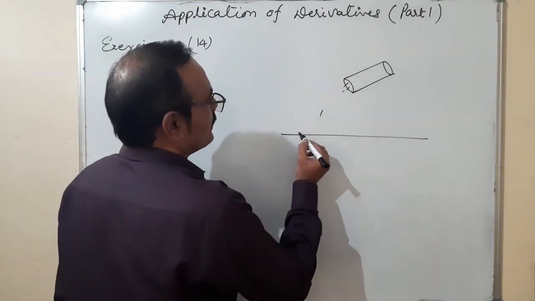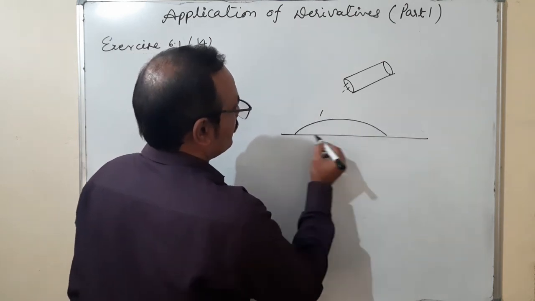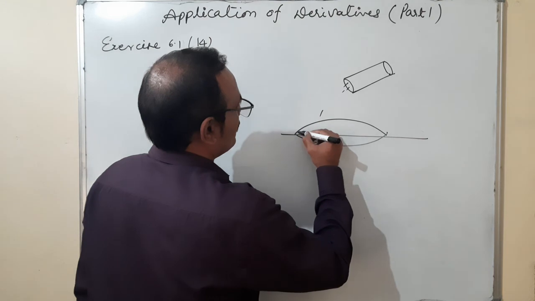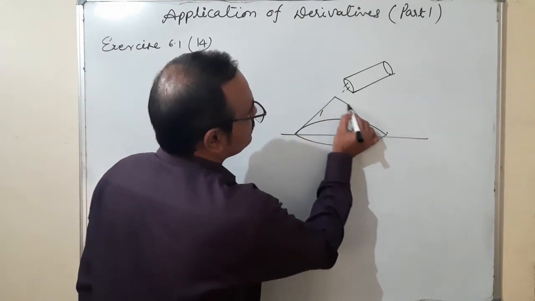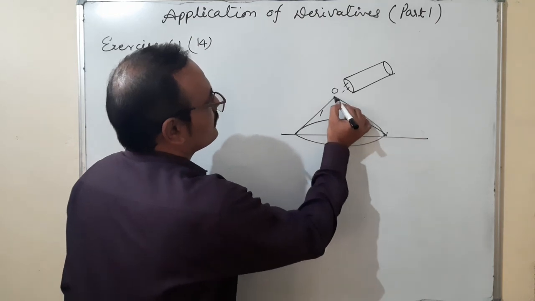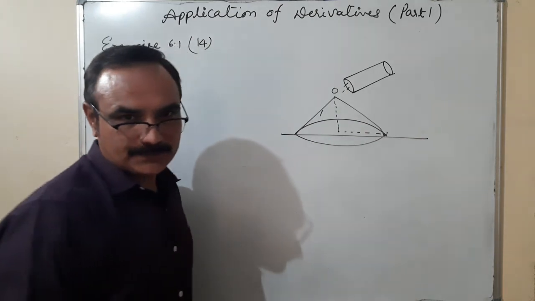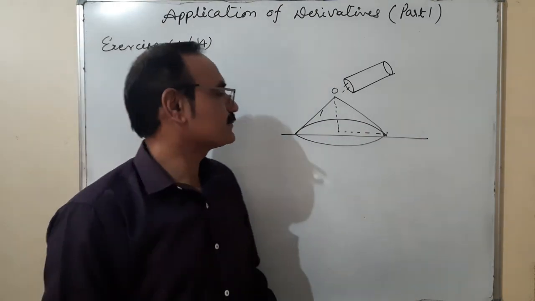And it is forming in the shape of a cone. You'll see that it's the natural process when we are pouring something. A cone will be formed like that by the sand.